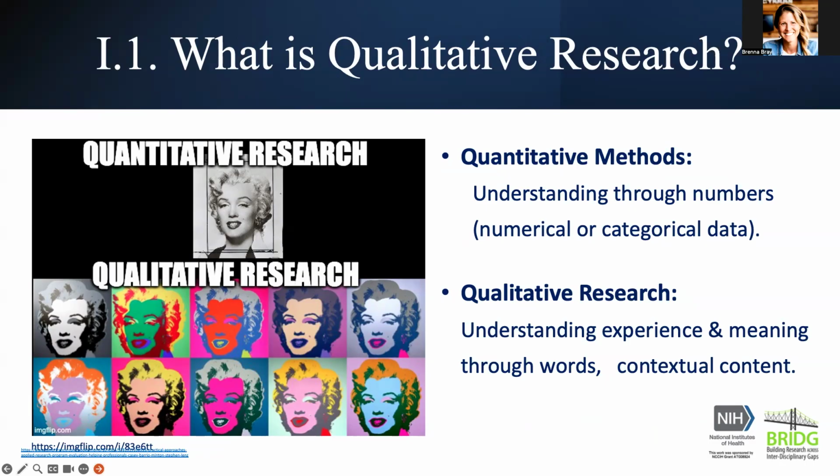So our data would be numerical or categorical, whereas qualitative research seeks to understand experience and meaning through words or contextual content, so context. And here I've got a little schematic on the left. We can see our quantitative research tends to be often more binary and clear cut. It's linear, whereas qualitative research can be very multifaceted.